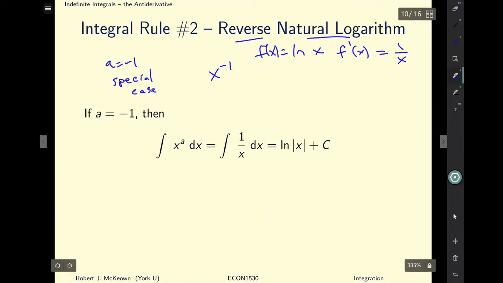If we see 1 over x and we want to integrate it, we're going to get the log of x. Of course, it's the absolute value. Why? Log of a negative is undefined.